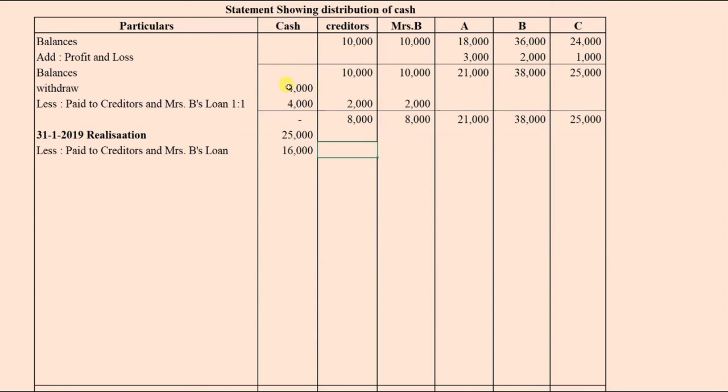In the last step we had only 4,000, so we paid this amount by their profit sharing ratio, sharing ratio 1:1. Here 8,000 and 8,000, total 16,000 we have paid.